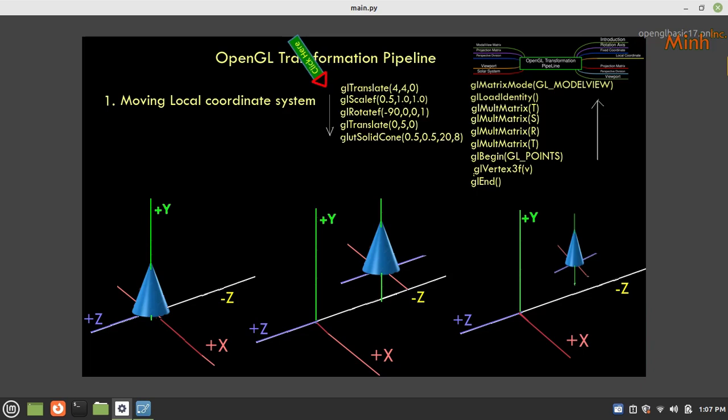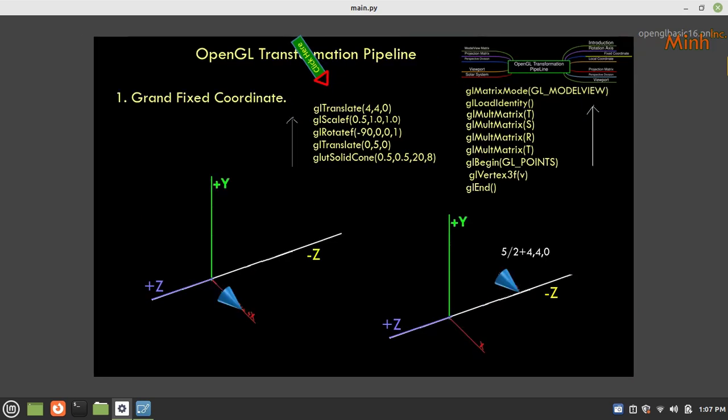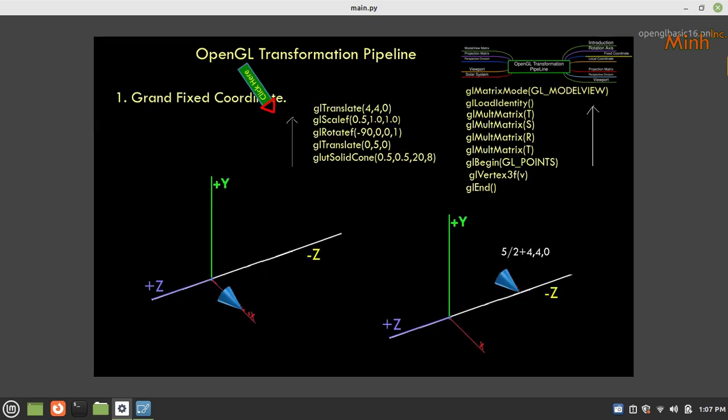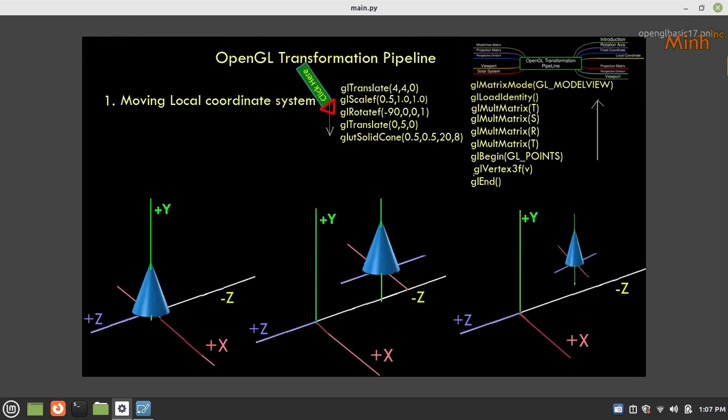What about this? Earlier, the way the program computes, we also thought in the same way, bottom to up. Can we think top to bottom? Okay, first translate, then scale, then rotate, then translate, then draw the cone.